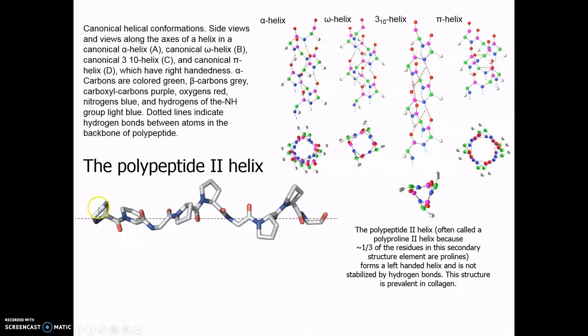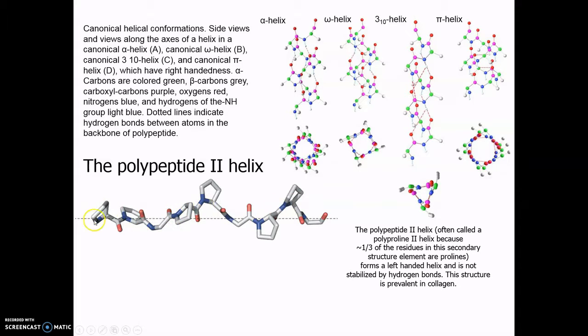We have this thing called a polypeptide 2 helix. This tends only to occur in proteins that have a high proline content. Because of that, they often call it the polyproline 2 helix. And this is because of the unique nature of proline, the fact that its side chain actually comes back and is bound to its amino group.